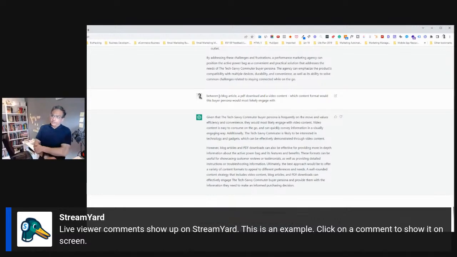Okay, so what we are trying to do here is sell a bag, right? In terms of selling a bag, let's start with generic information first. What would you publish in order to drive their interest on your website and then have them sign up for your mailing list, with a discount code for the active power bag?